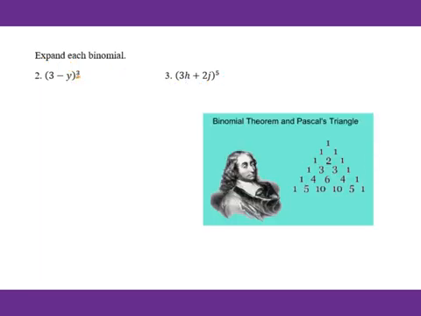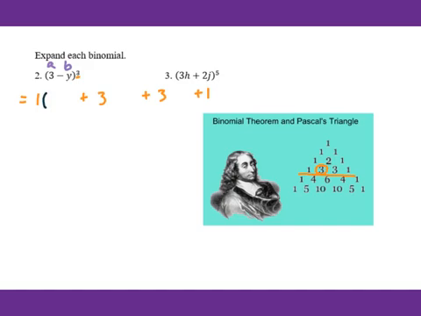We can also use Pascal's triangle since this is a third power. That means this is 3. This will be the binomial coefficient. Therefore, I write down 1, 3, 3, 1. We still count this is a, this is b.